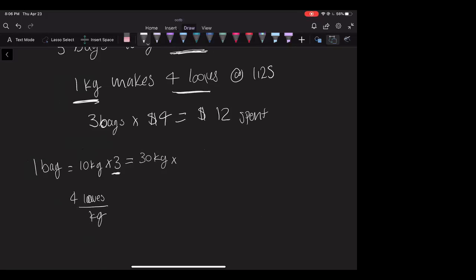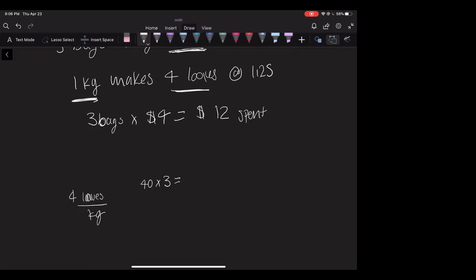So you take 40 and multiply it by the 3 bags. 40 times 3 equals 120. So he can make 120 loaves with all that.